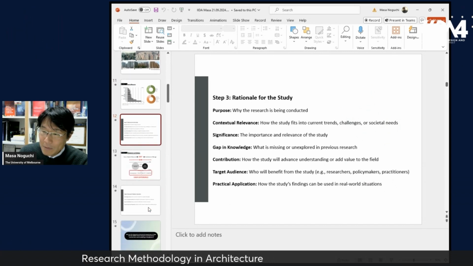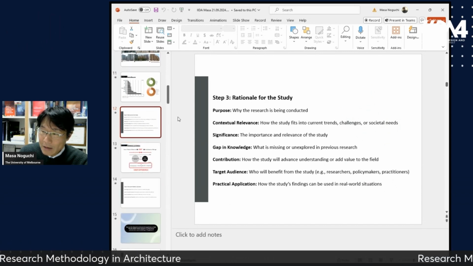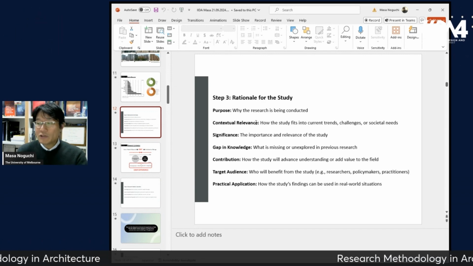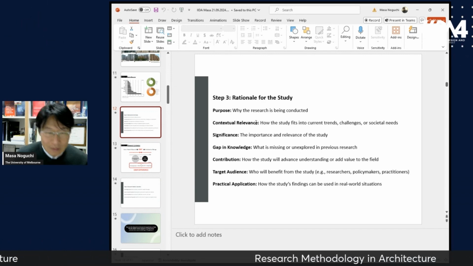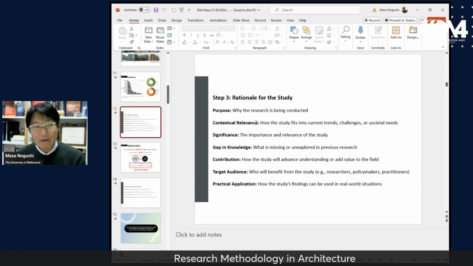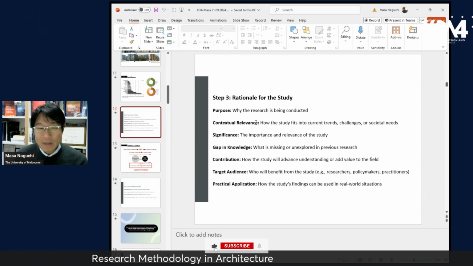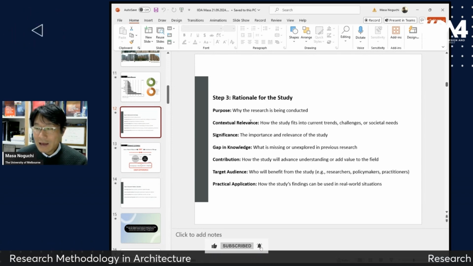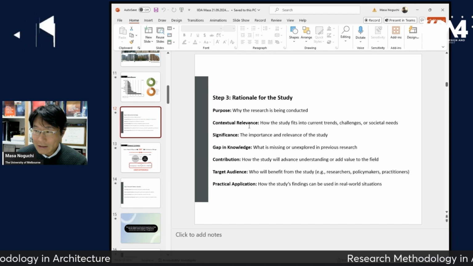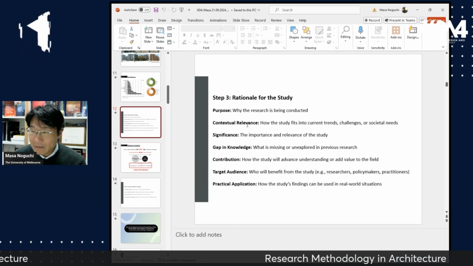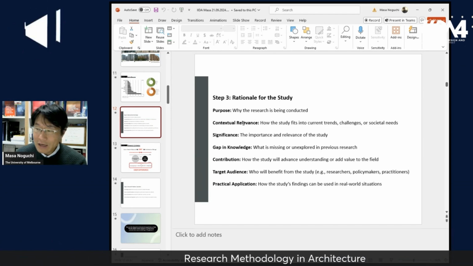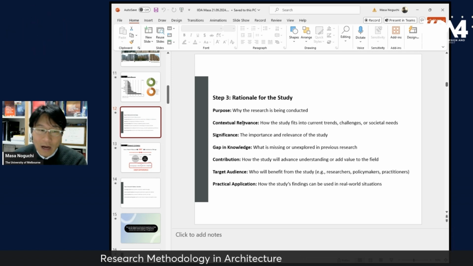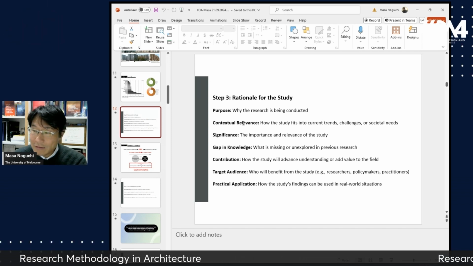Okay, so now move on to the next step, which is the rationale for the study. Based on the data collected and background information, you can find some context and start to understand it. So you have to rationalize the study: why we need to do the research.